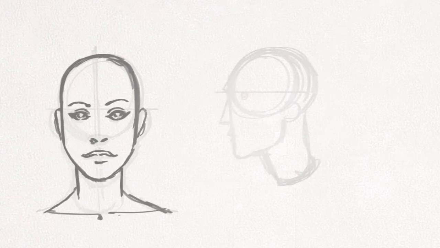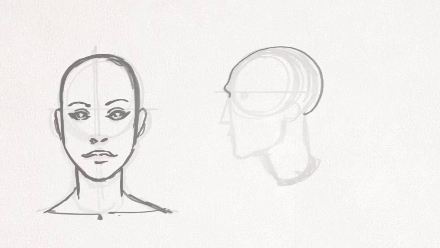Now women don't have quite the pronounced hard brows of men, so you want to make it a little bit softer. And like I said, with a man you don't want to bring the nose up. With a woman you want to turn the nose up at least a little bit more than you would with a man. Drop my eraser down.